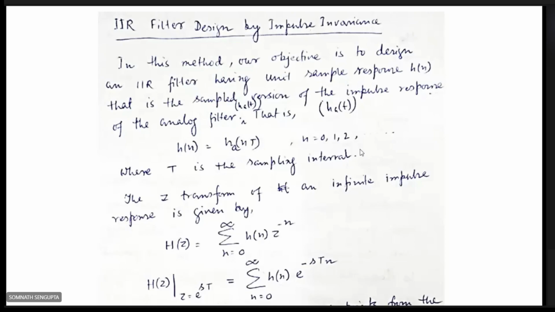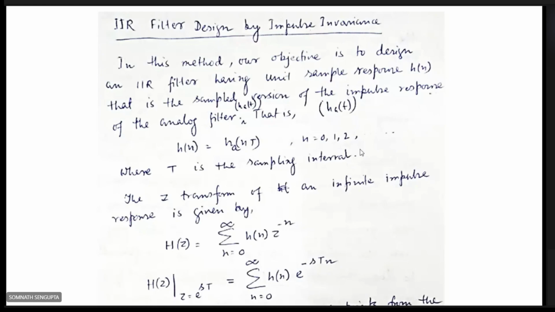Impulse response for the analog filter is h(t), and if it is a digital filter, it will be h(n). Now if you sample the impulse response at instants nT with sampling interval T, then h(n) can be written as h_a(nT), where T is the sampling interval.